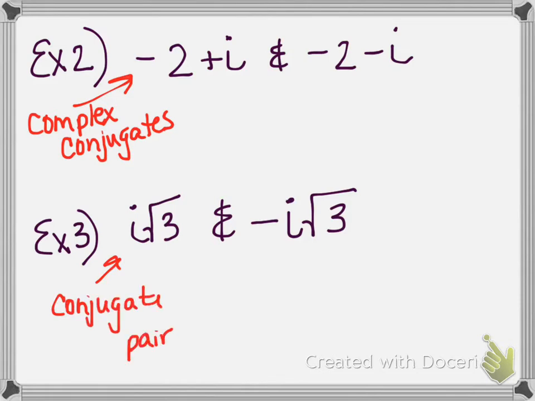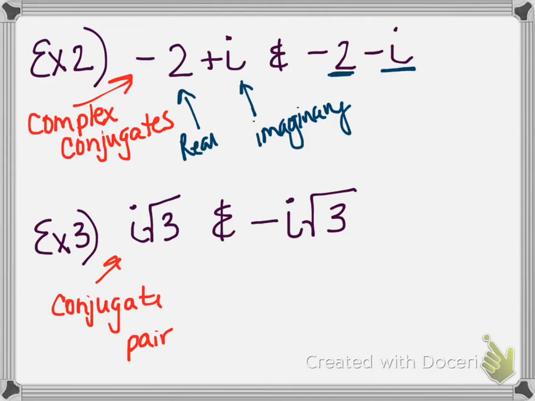That word complex really just means that you have a real part and an imaginary part. So this is the real part and this is imaginary. Same thing here. The negative 2 is the real part, the negative i is the imaginary part. Because in example 3 there is no real part, there's nothing being added or subtracted, these are just imaginary.